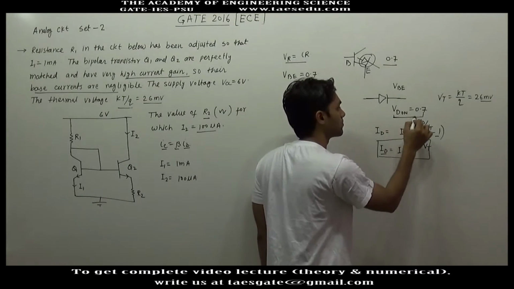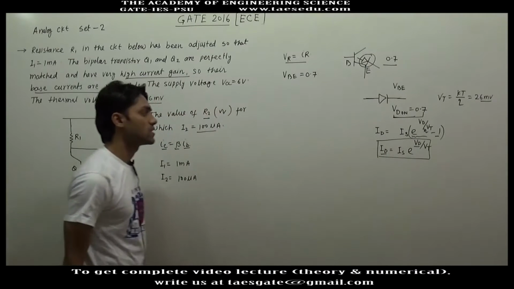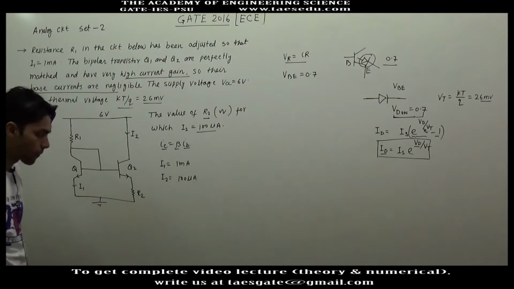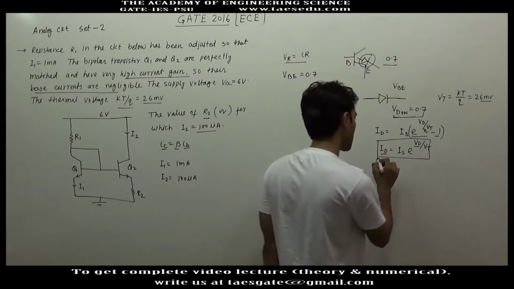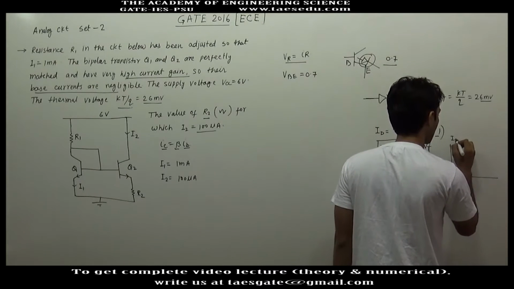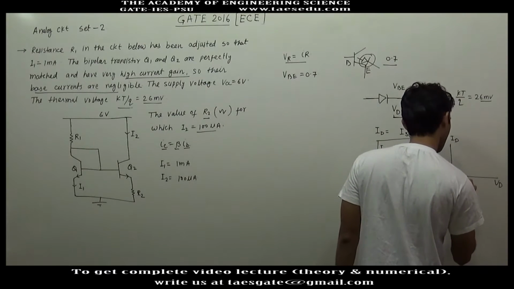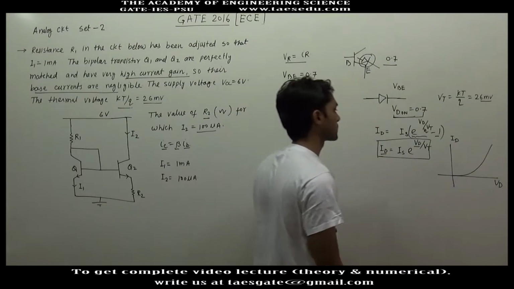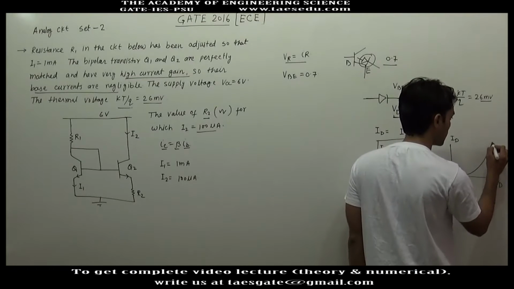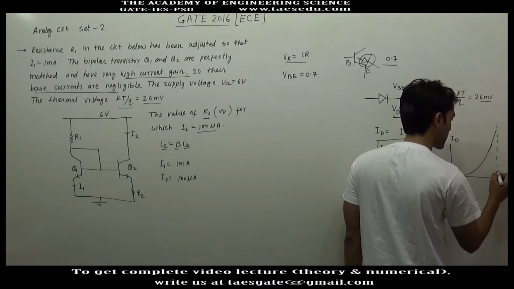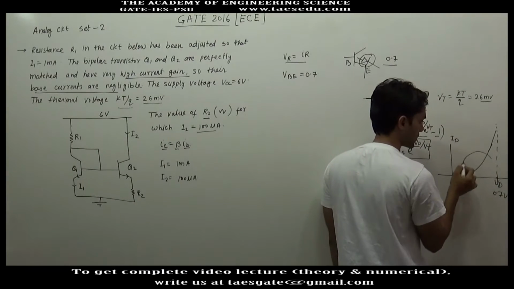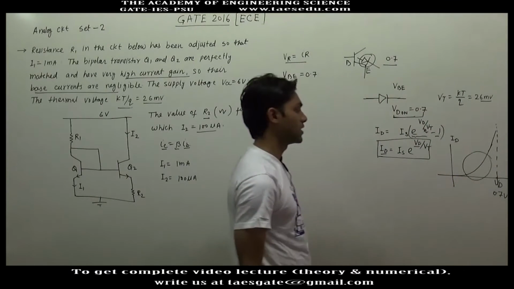The voltage across the diode will not be constant at 0.7 volt. This is the exact relationship between diode voltage and diode current, based on the graph. When the current is sufficiently large, the diode voltage can be approximated as 0.7 volt, but in this region the diode voltage will not be 0.7 volt.